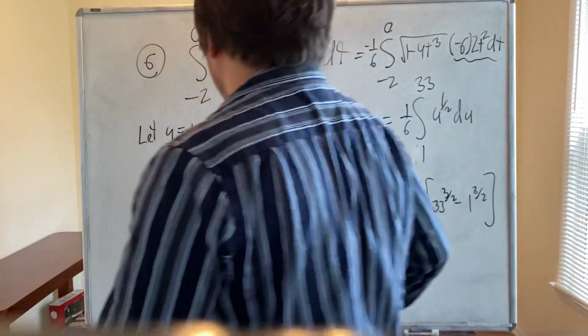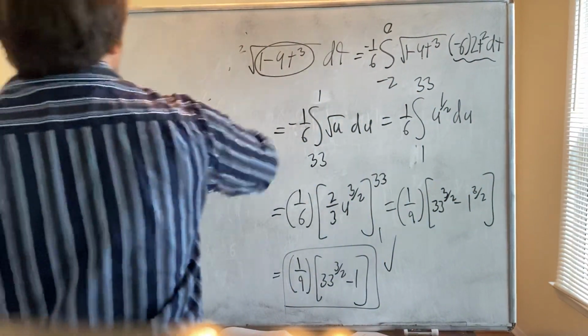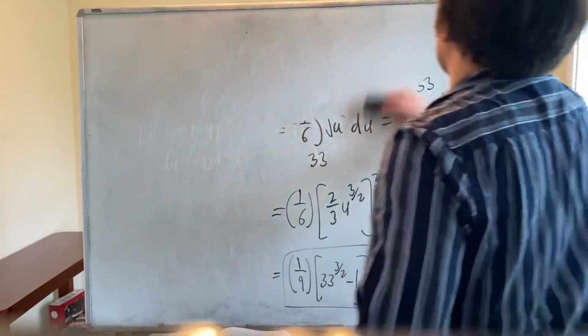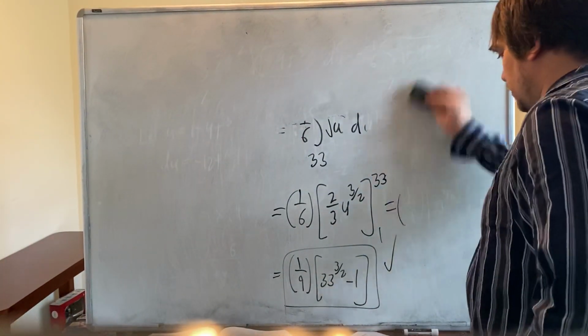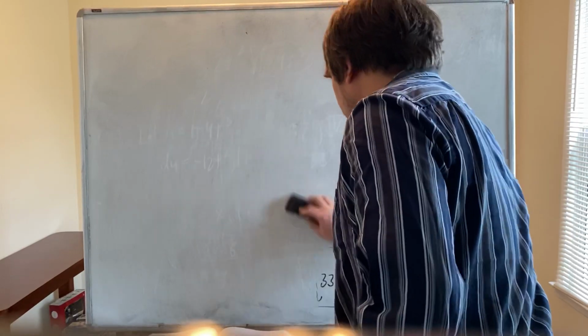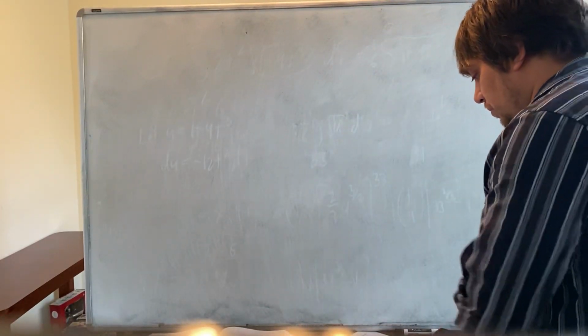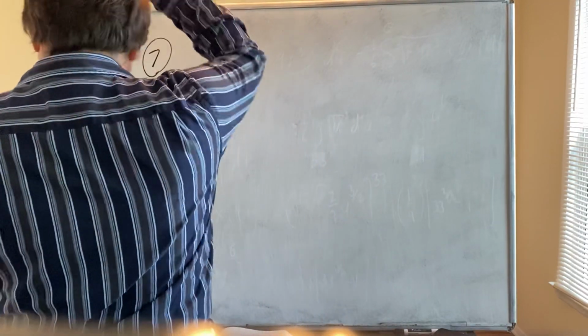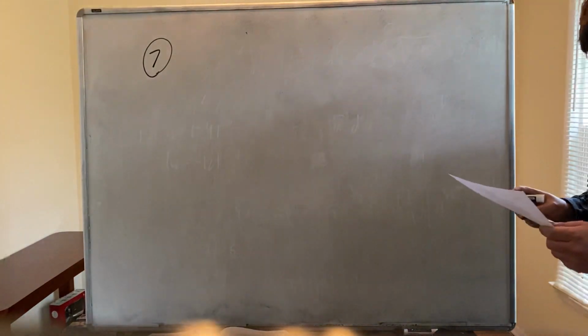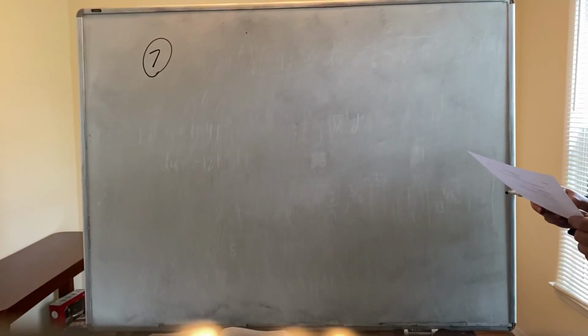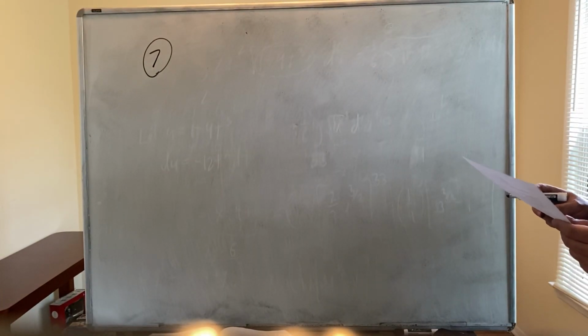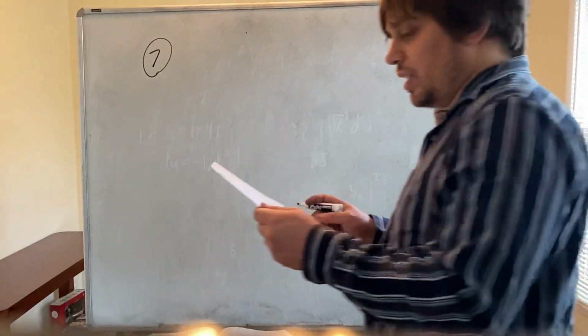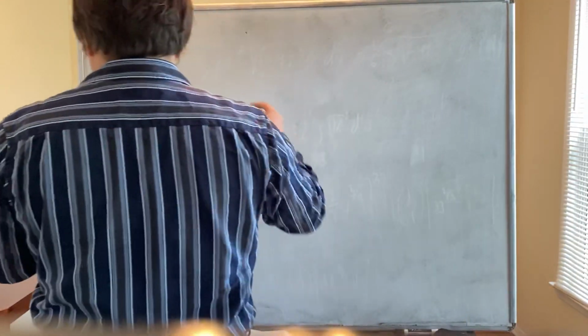Okay, let's keep going. Number 7. If $3,000 is invested at 4% interest, find the amount due to the nearest cent at the end of 6 years, if the interest is compounded daily.